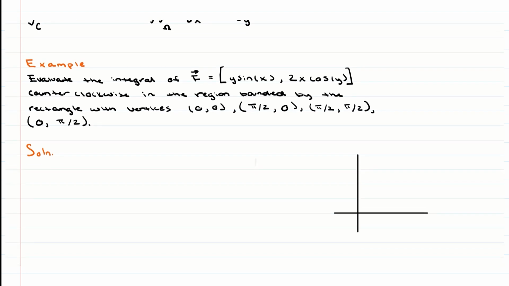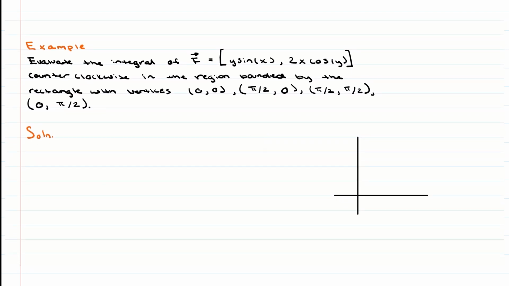So let's actually draw out our closed curve to get a better understanding of this. So our region or curve is bounded by the rectangle with vertices (0, 0), (pi/2, 0), (pi/2, pi/2), and (0, pi/2).